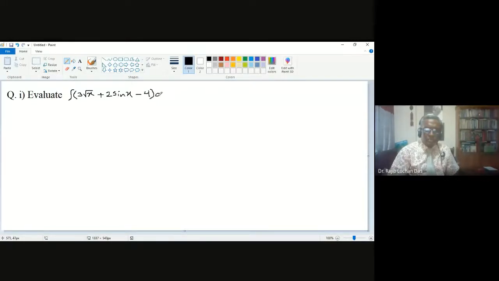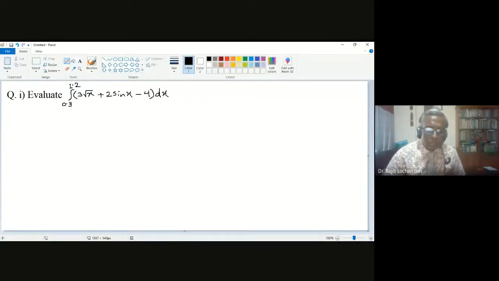This is the question, and the range of x is given as 0.3 to 1.2. So this is the question.